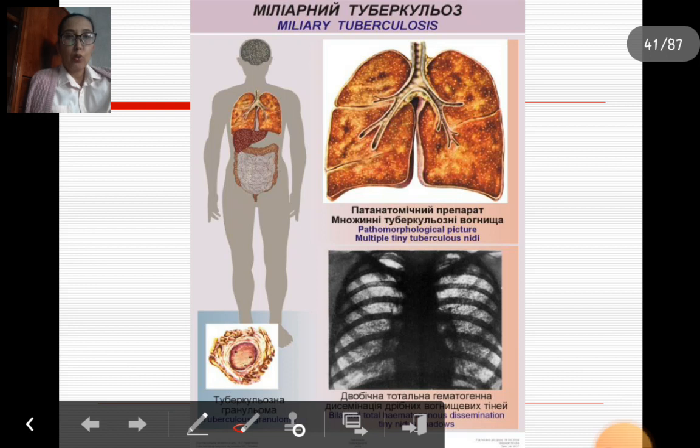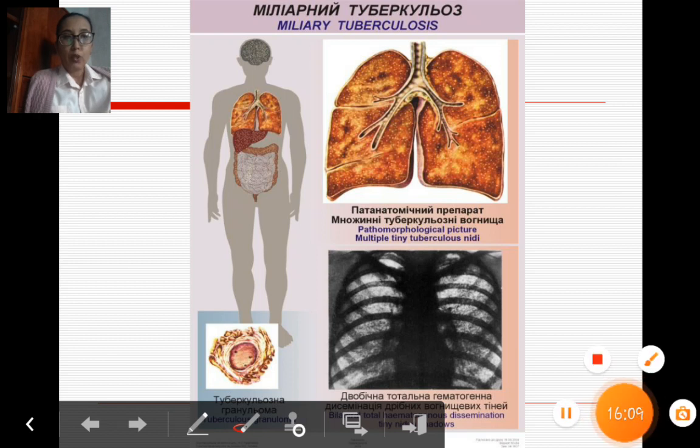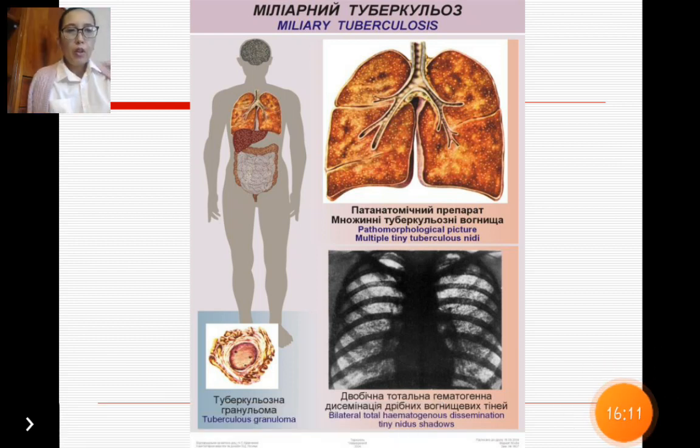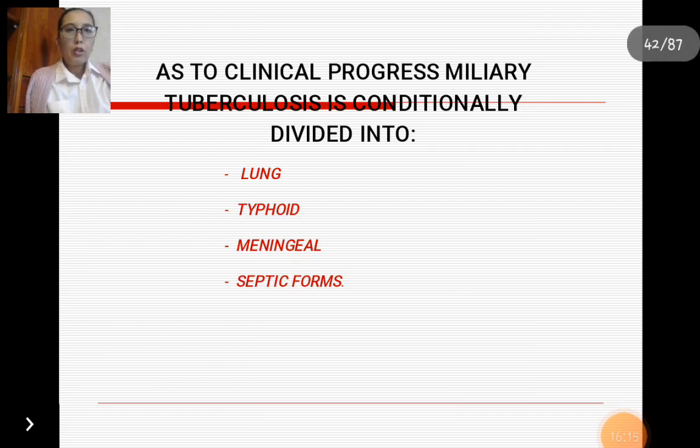This slide shows a pathomorphological picture of miliary tuberculosis and roentgenological changes. According to the clinical progress, miliary tuberculosis is conditionally divided into lung, typhoid, meningeal, and septic forms.